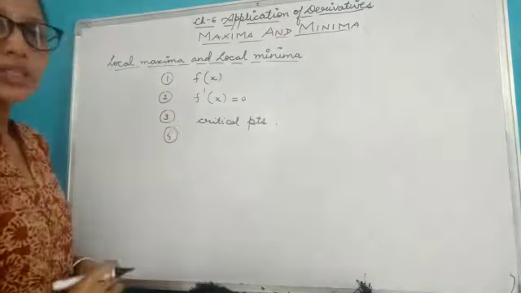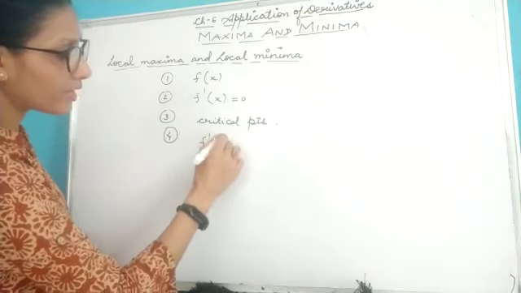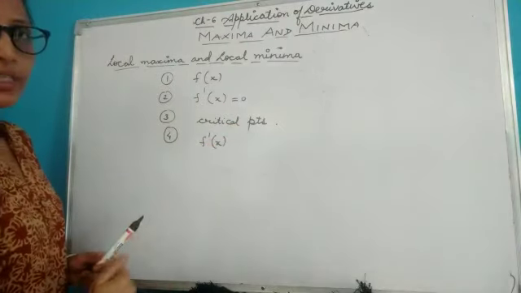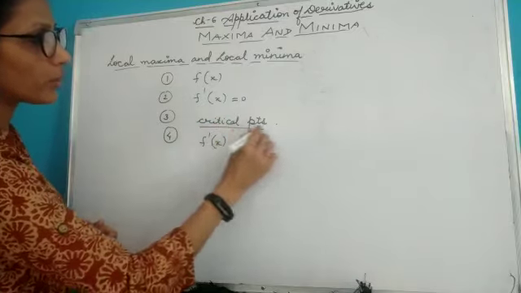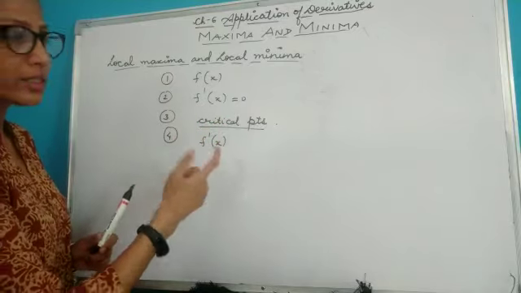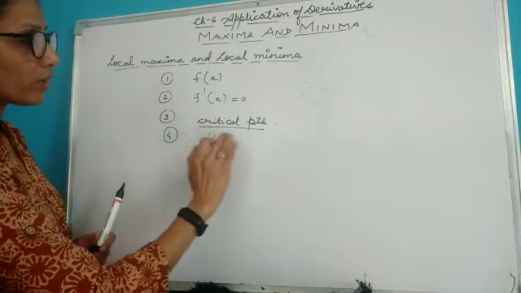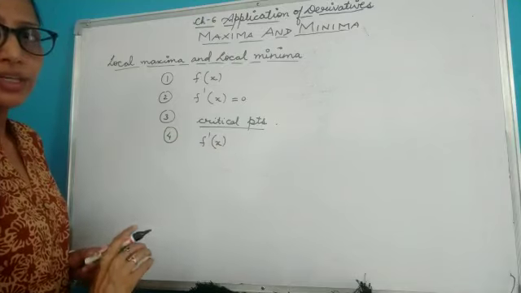Fourthly, you are going to check the change in f dash x value for these critical points. That means if your x, which is your critical point, increases, then what change will f dash x get? If your x decreases, then what change will there be in f dash x?